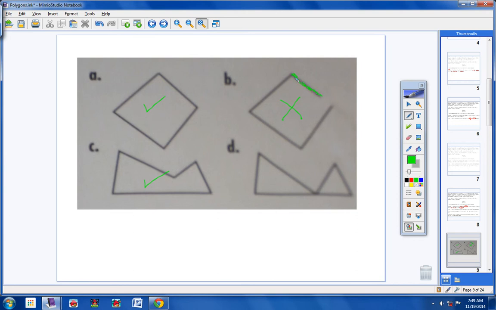It's only intersecting one. This would not be a polygon here, no, because look, this side right here is intersecting right here in the middle. And all sides of polygons can only intersect at their endpoints. Okay? So that's it for that part. Let's continue on, guys. It's pretty simple. And we're going to be looking at all kinds of polygons this year. Okay? So here we go.